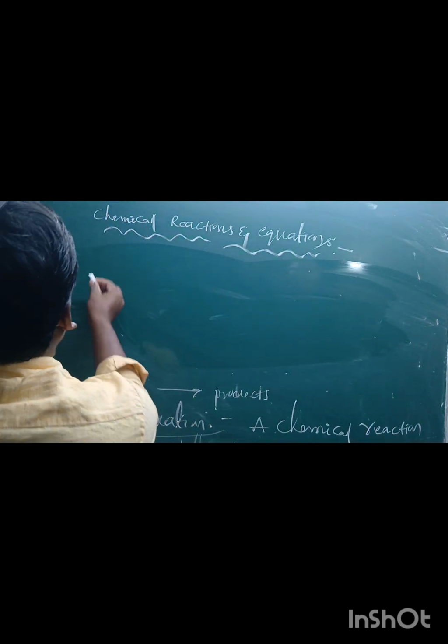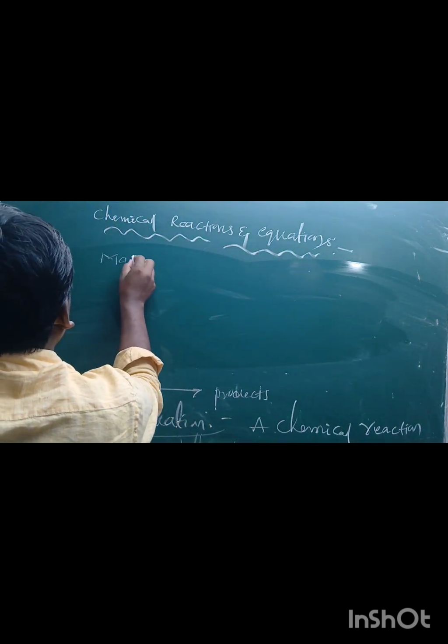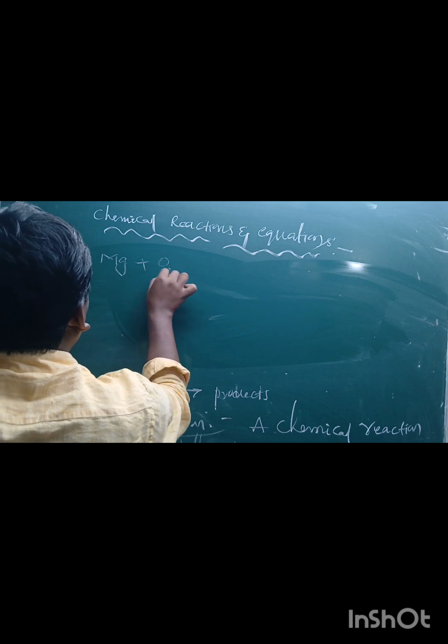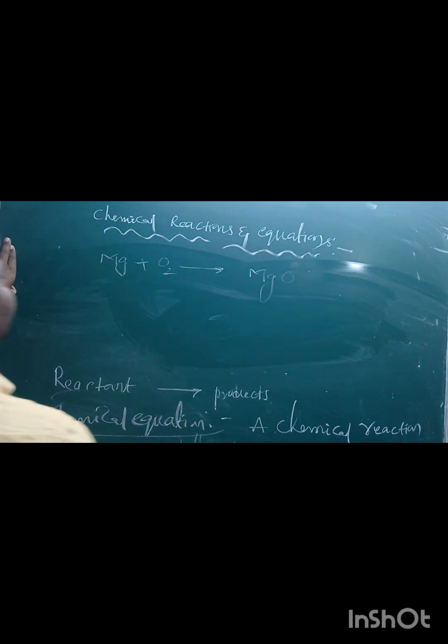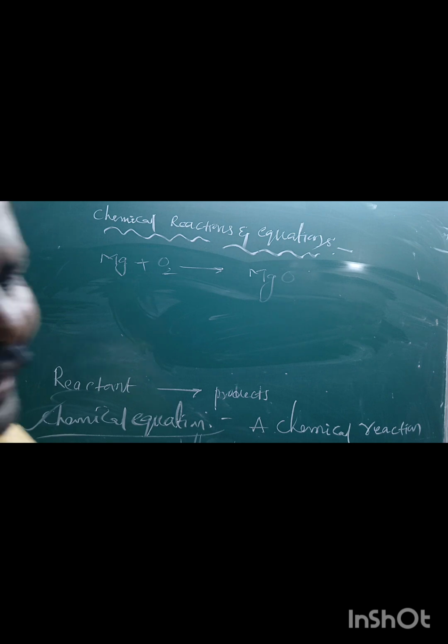When magnesium combines with oxygen to form magnesium oxide, we can observe in this equation that Mg is the symbol of an element and O2 is a chemical formula.